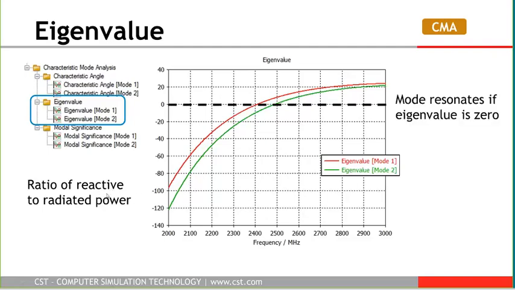And from this, if we have zero reactive power, so there is no stored energy in the system, we have a resonance. Thus, if we have an eigenvalue equal to 0, we have a resonant frequency. So we can find this resonant frequency of each mode by looking at the crossing point of the eigenvalue.